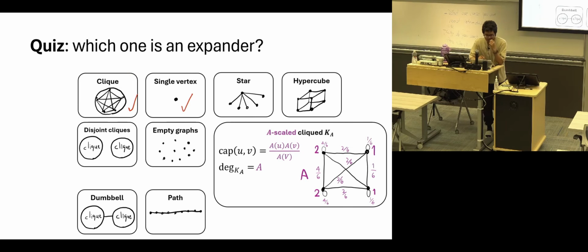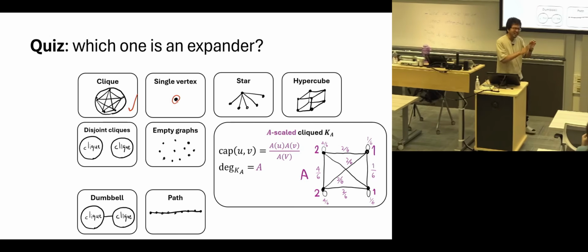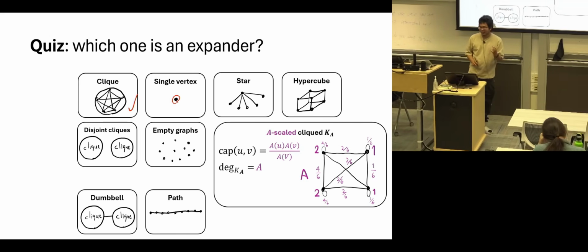How about this one? No. Just a single vertex. It turns out that it actually is an expander, by a kind of trivial corner case, but it is. Why is that?